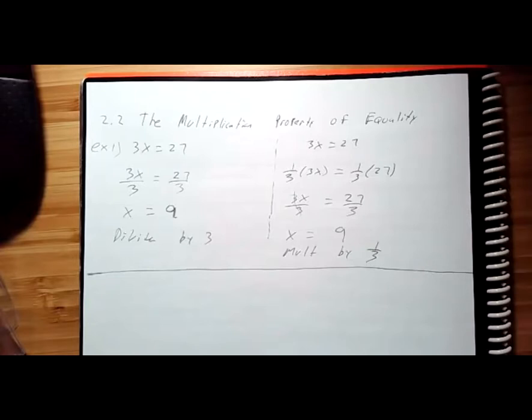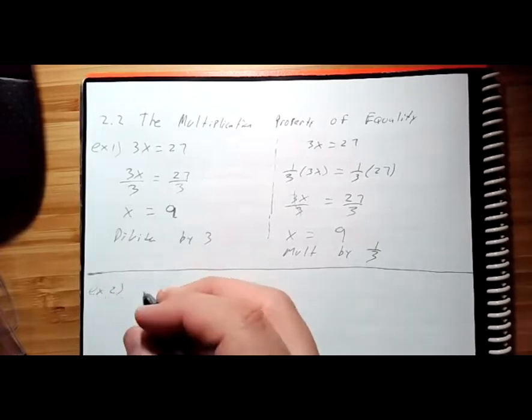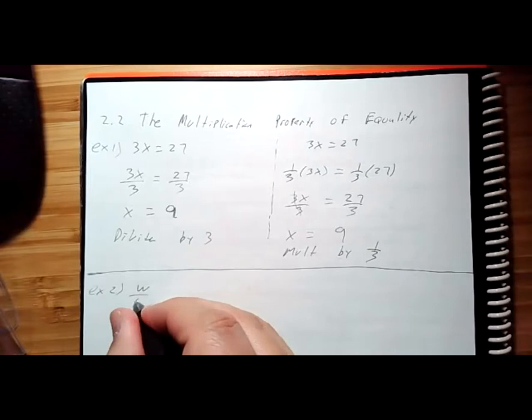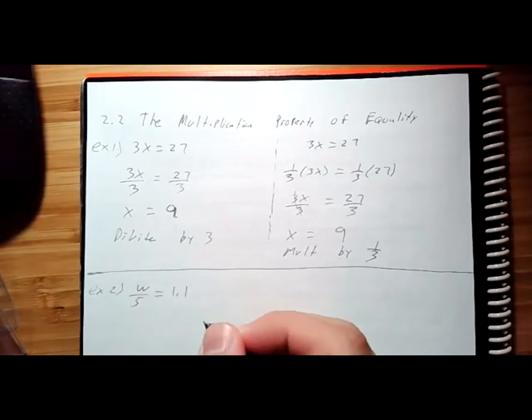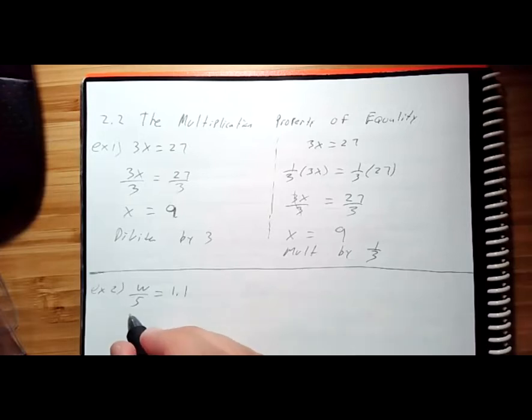Okay, let's move on then. Example 2. W over 5 is equal to 1.1. So we can multiply both sides by 5 to cancel this fraction, right? Like we've been doing with the LCD. It's perfectly fine. So you can say, you know what? If I cancel this 5, then I will no longer have to worry about it.